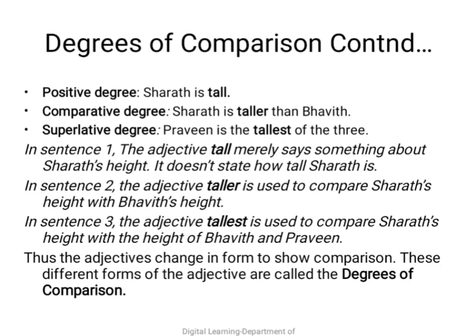Whereas in sentence 3, the adjective tallest is used to compare Sharat's height with the height of Bhavit and Praveen. Thus, the adjectives change in form to show the comparison. These different forms of the adjective are called the degrees of comparison.